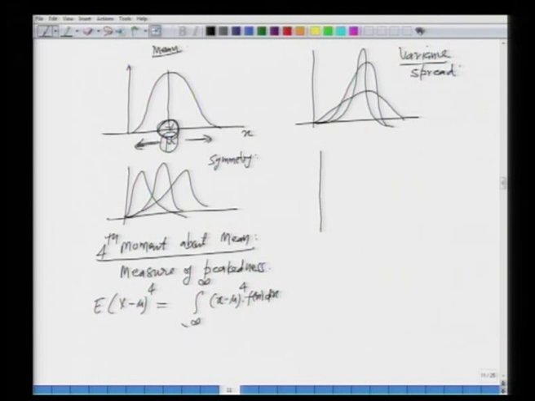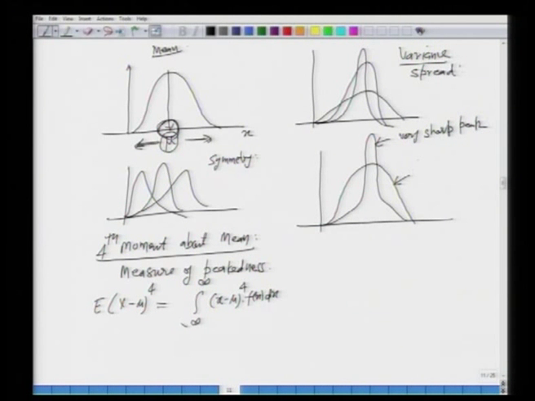And then if you look at that graphically, you may have a PDF which is quite sharp like this. You may have a PDF which looks like this. So, this is a very sharp peak, and this one is less peaked.